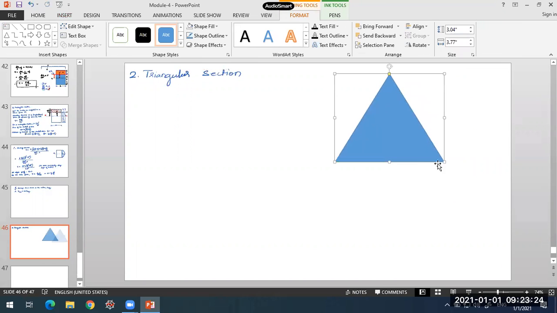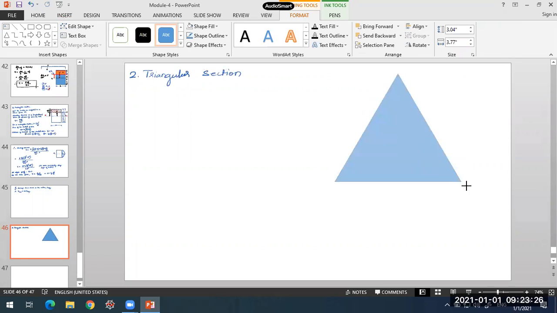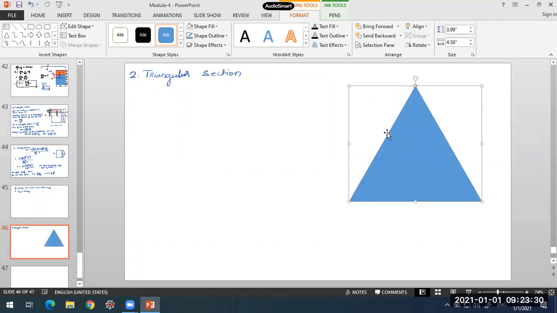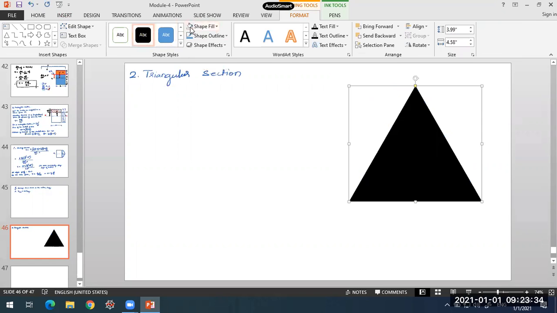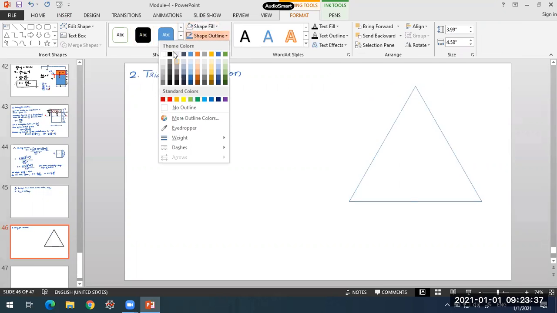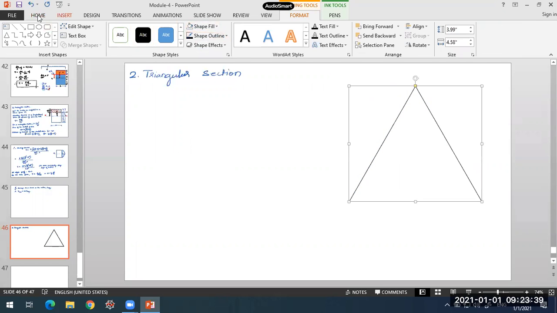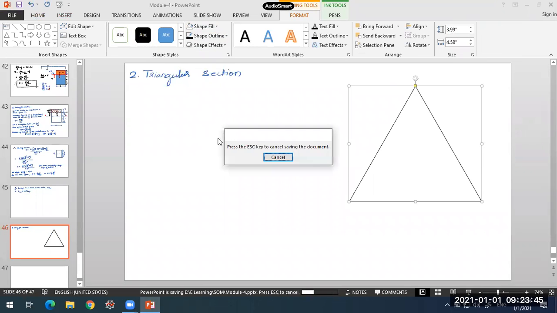Like this is the triangle what we have. B is the width at the base and H is the height of the triangle.